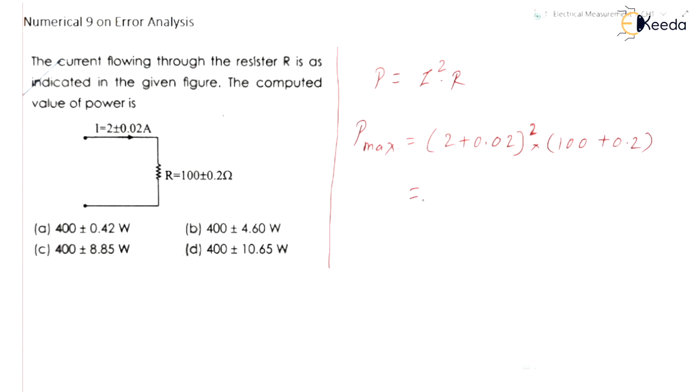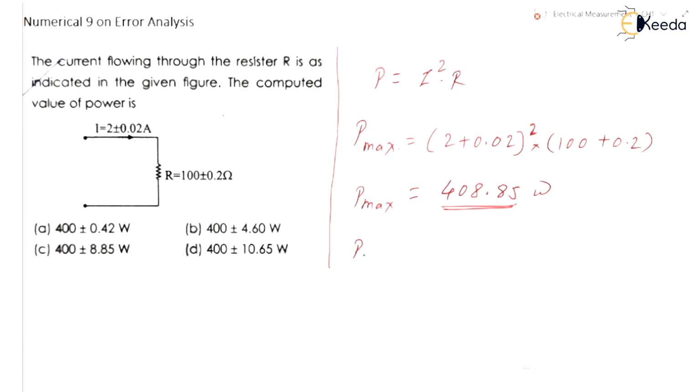So can we write it is equal to 2.02 squared into 100.2, right? So it is 408.85 watt. This is the maximum value of power.